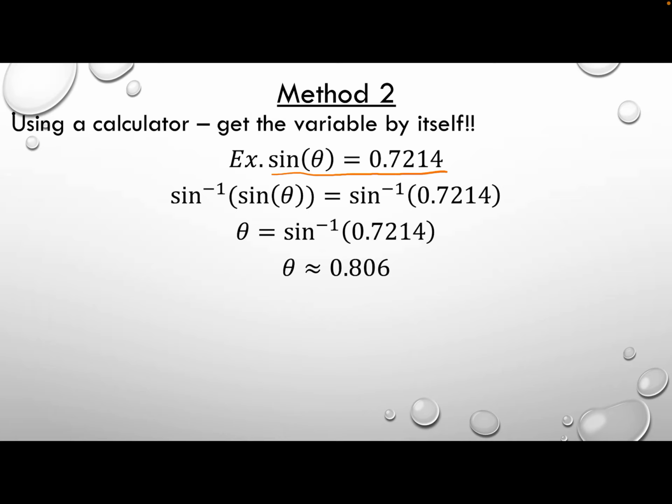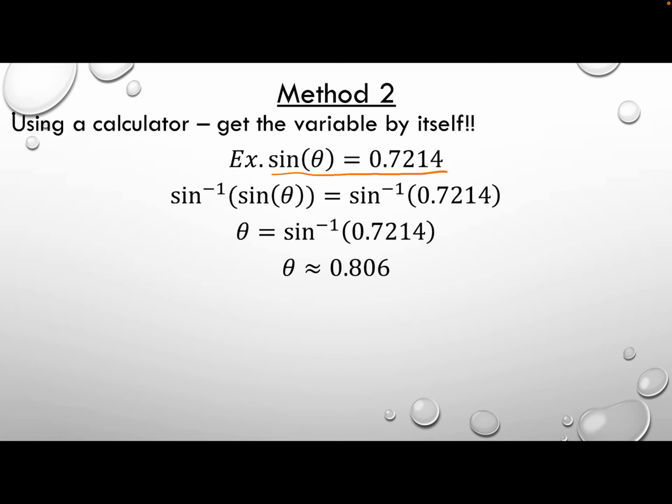The way you do this is we're going to use the inverse function, which we've done before. When this value is not easily identifiable on the unit circle, we're trying to solve for that variable, in this case theta, in our equation, and we can solve for it by taking the inverse sine of both sides.